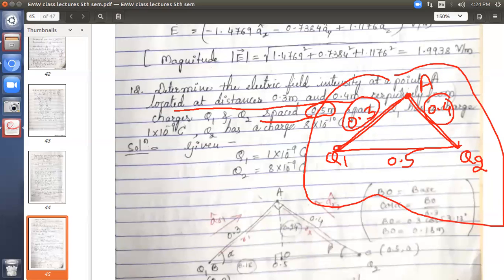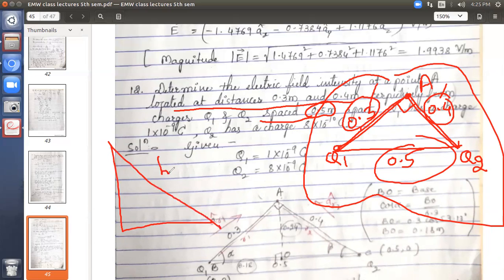The diagram shows that it is a right angled triangle. How to decide whether the given triangle is a right angled triangle or not? You can apply the Pythagoras theorem. If you take 0.3 square plus 0.4 square and put the square root, you will get 0.5, the hypotenuse.